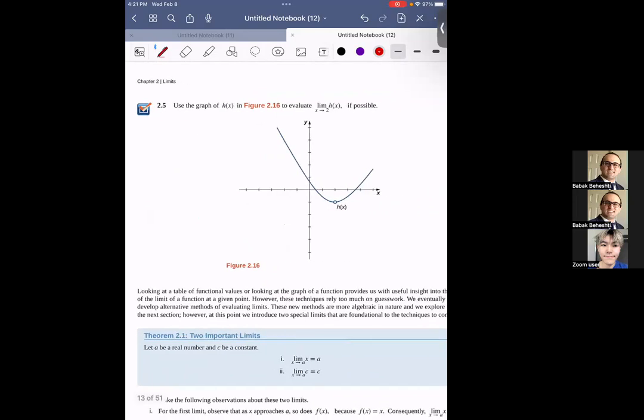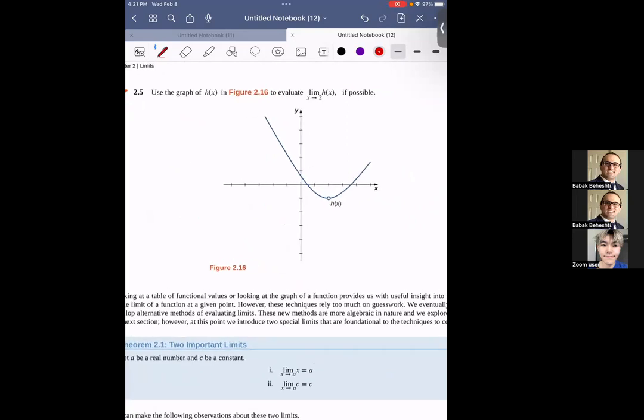Here is another example. So the function, even though it's not defined at x equal to 2, its limit exists when x approaches 2. And the limit is equal to what, based on this picture?